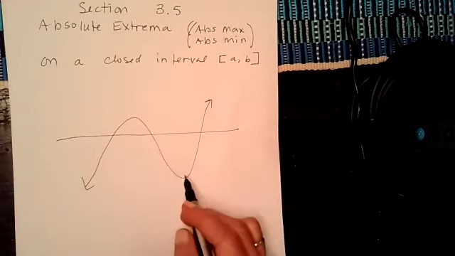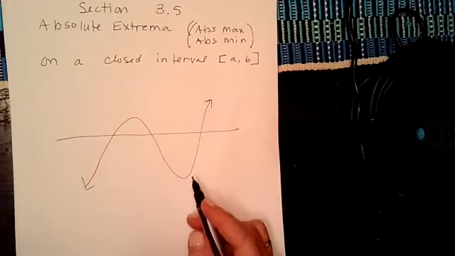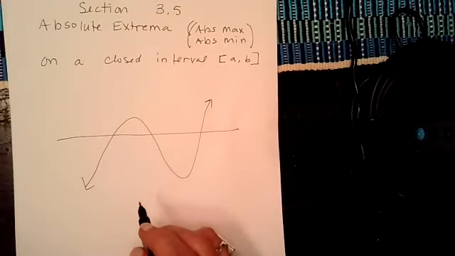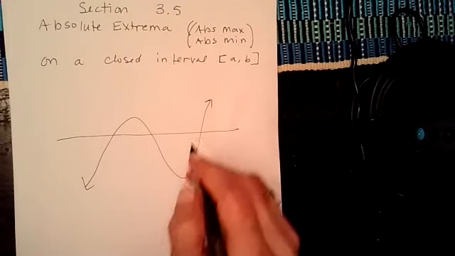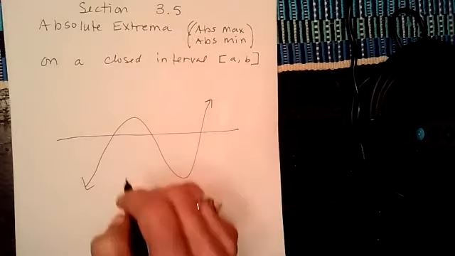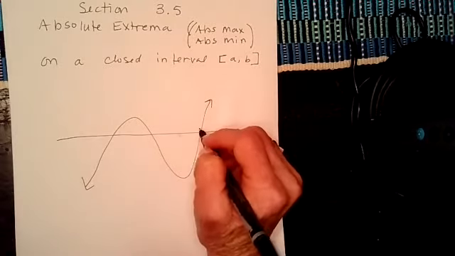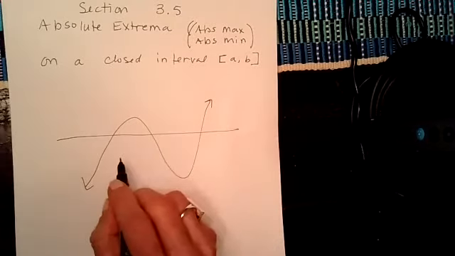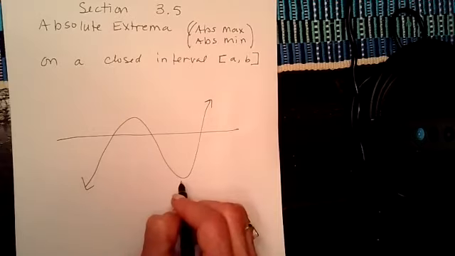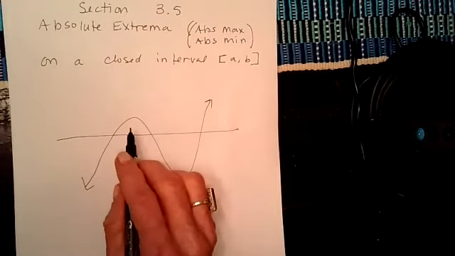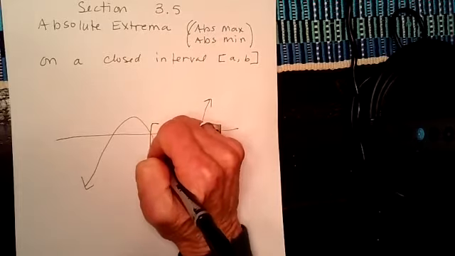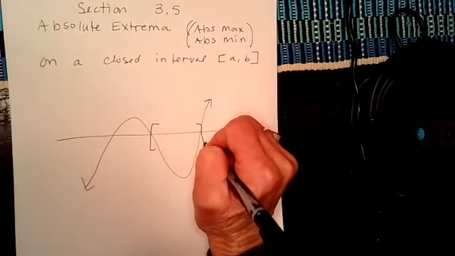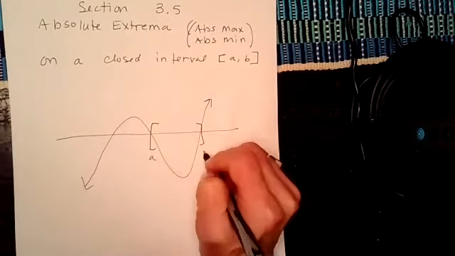It has local max and local min. But let's say we look at this graph just on a closed interval from A to B.